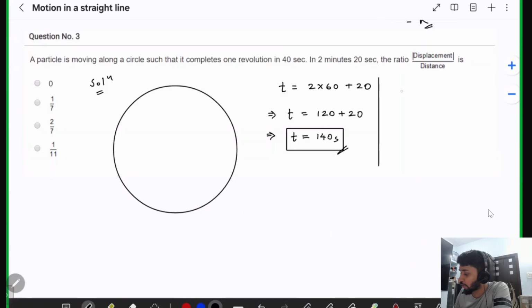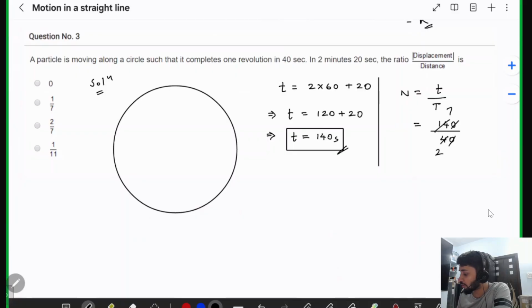So we'll find the number of turns. The number of turns will be the total time divided by the time period, the time that it takes to complete one revolution. The total time is 140, so 140 divided by 40. The 0 gets cancelled here, and this is 7, this is 4, so 7 by 2.